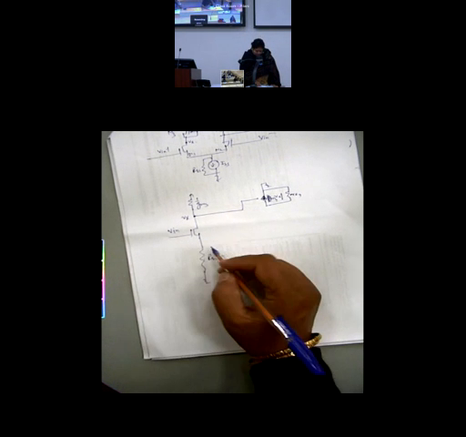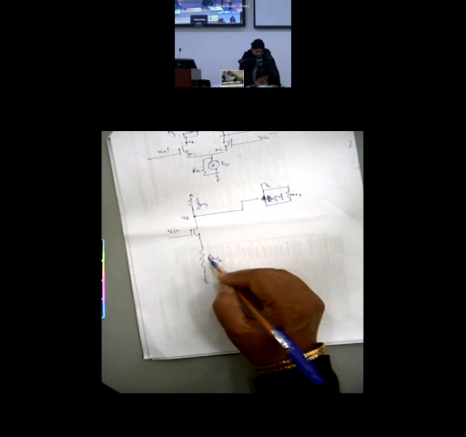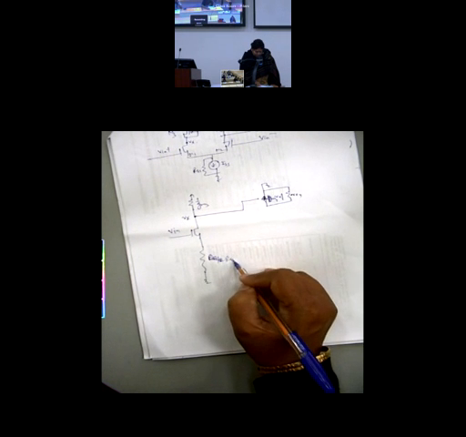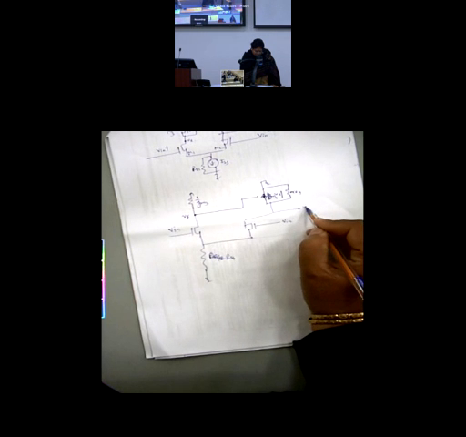Or let it be RSS. This would come here. Another MOS, M2. This node is again V in. It is the same V in. And this is coming here. This is your V out. ACM you have to find out. So that means you have to find out V out by V in.